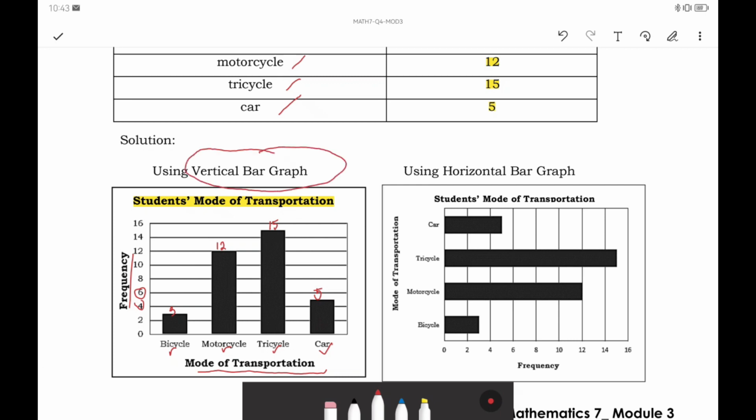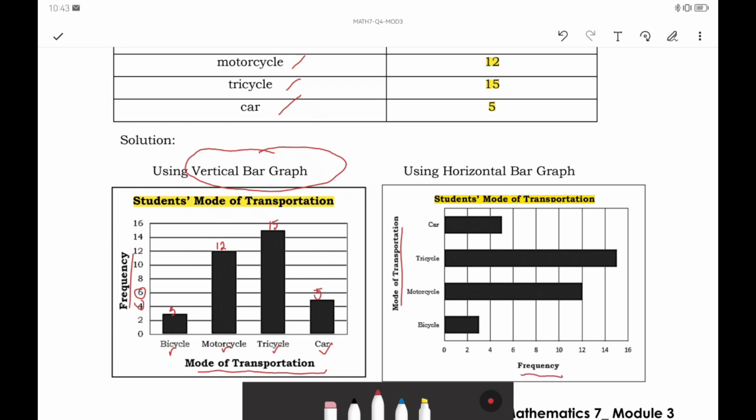But what if you are going to use a horizontal bar graph? The same title, student's mode of transportation, but what you see here, mode of transportation and frequency, is interchanged.